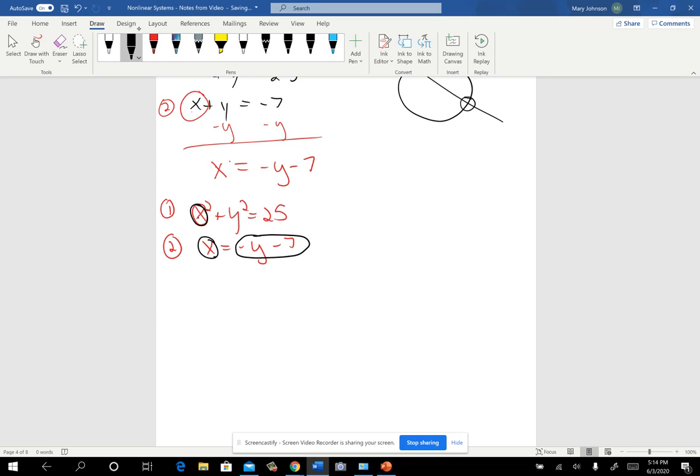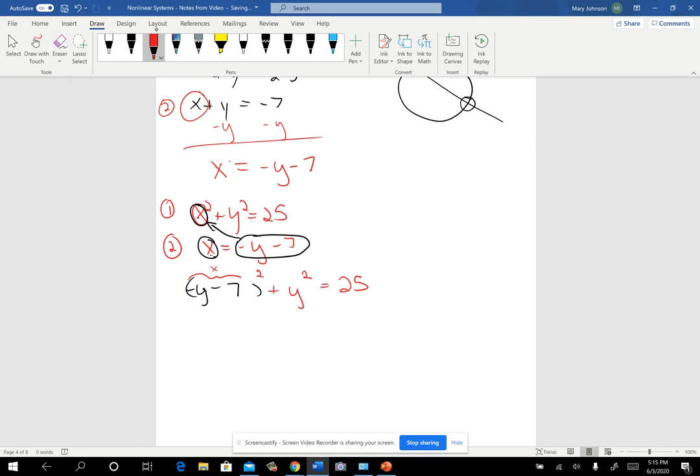And then -y minus 7 is equal to x, so I ought to be able to put that right in there. Here's what we would get if we did that: -y minus 7, and it would get squared, still with the plus y squared equaling the 25. The only difference is right here where x was supposed to be, I put the -y minus 7.